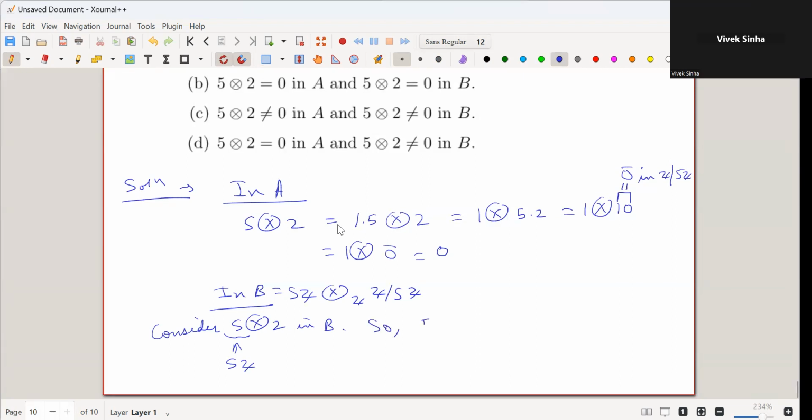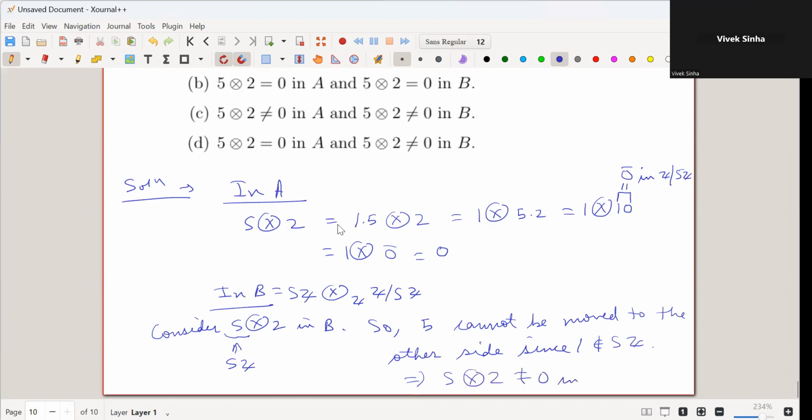Here 5 cannot be moved to the other side, since if 5 is moved, then what is left here is 1, and 1 is not inside the domain, 5Z. So 1 is not inside 5Z, so we cannot move it to the other side, and this implies 5 tensor 2 is not equal to 0 in B. Okay. So then I think we can move to the next question.